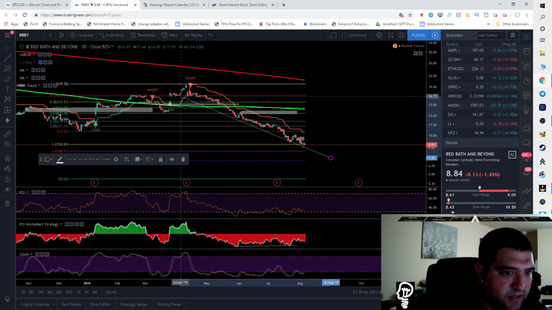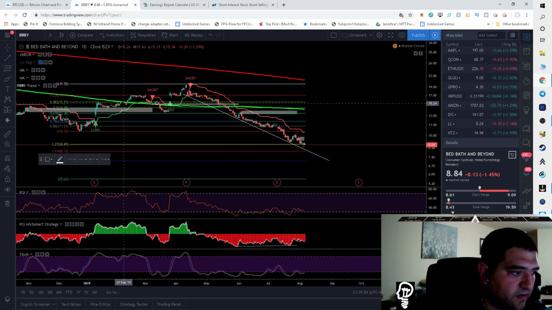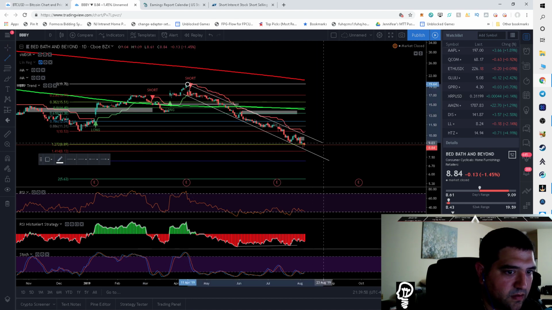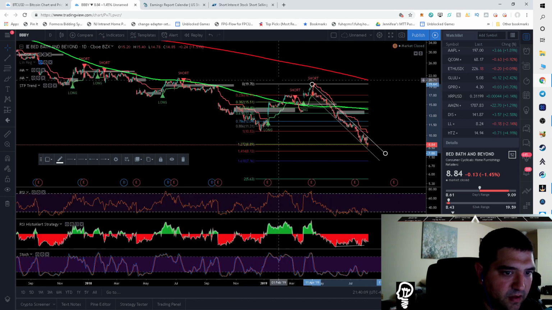Got a couple more touches here. Just looks like we've been in this downtrend channel for quite some time, since April. This thing has been incessantly selling off since April.